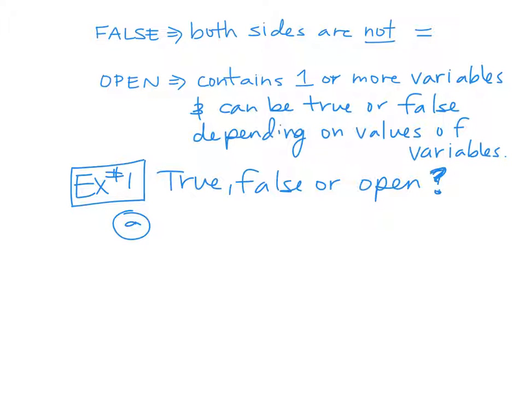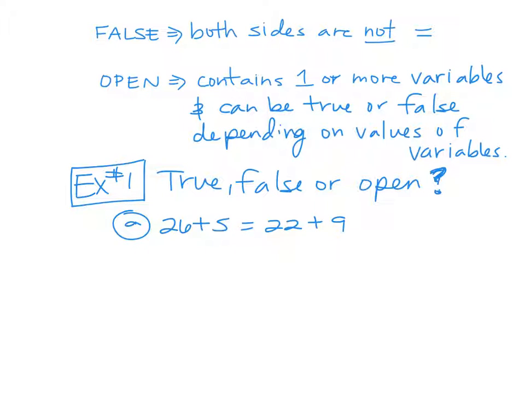Let's say I give you 26 plus 5 equals 22 plus 9. Would you say that's true, false, or open? Yep, those are the 3 options.